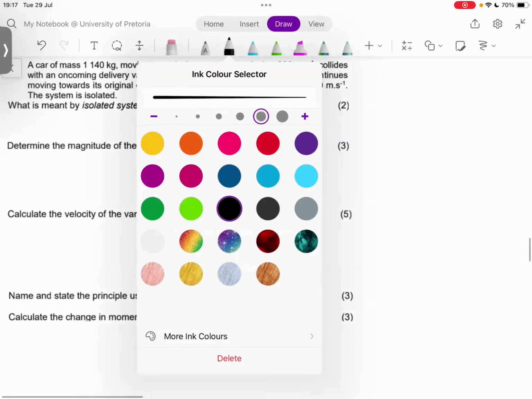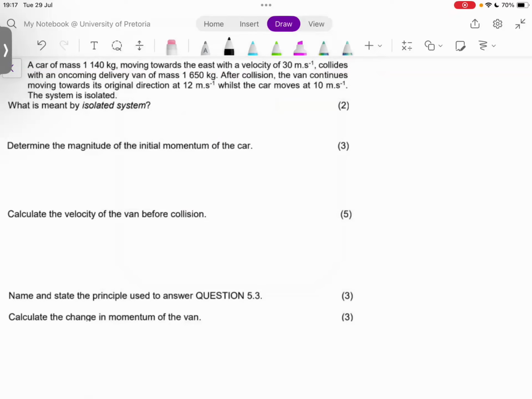I'm just going to quickly write down the definition of an isolated system. An isolated system is a system on which the net external force acting is zero.